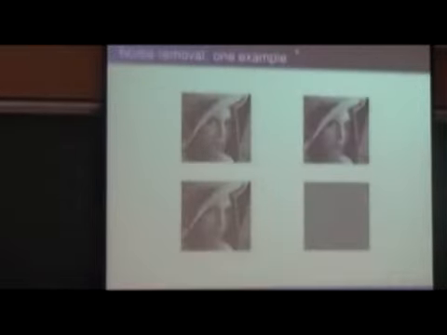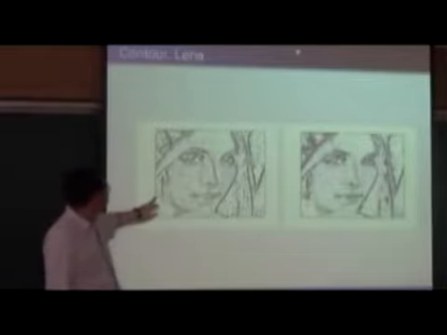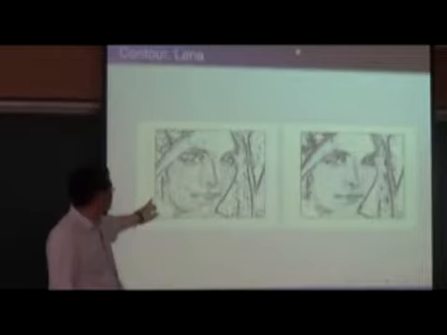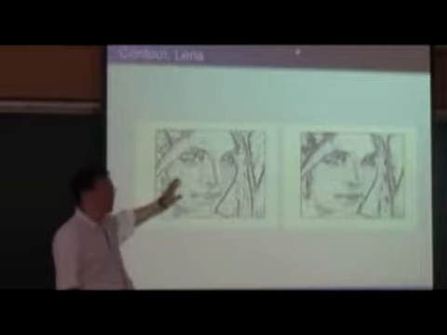Here is another comparison, the level curves of the Lena image by total variation. If you add a little noise, it destroys the level curves. If you use TV, you recover the level curves somehow, but they are not so smooth.